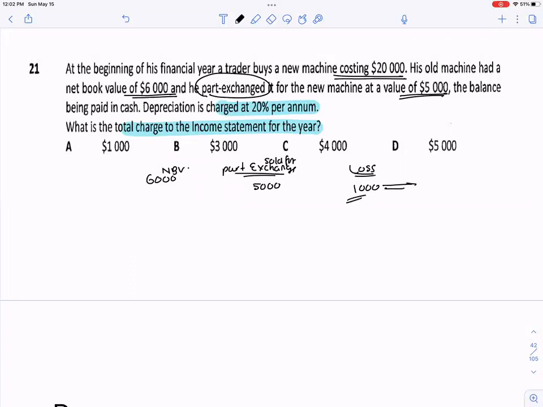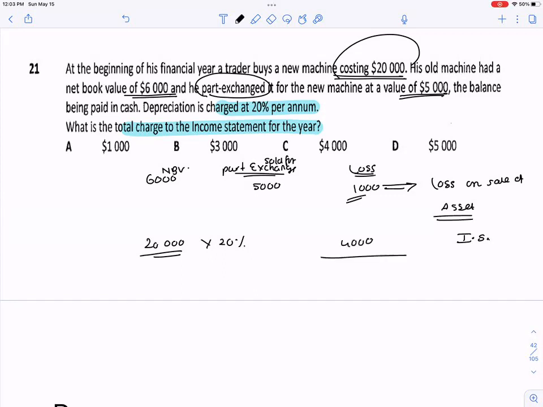Where will this loss on sale go? In the income statement. The loss on the sale of the asset will go in the income statement. Very well. Now you have bought the new machinery for 20,000. On this new machinery, you will also charge 20% depreciation, 4,000.